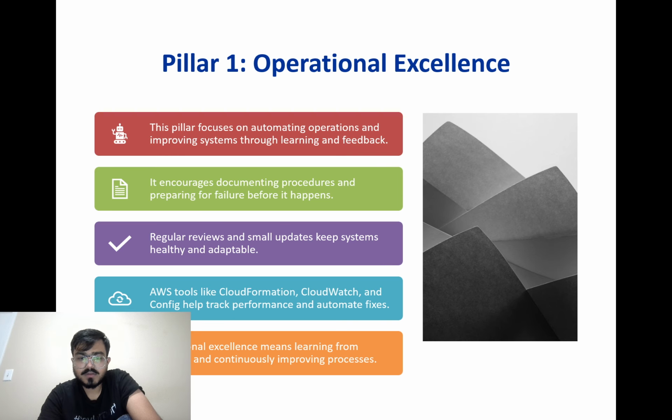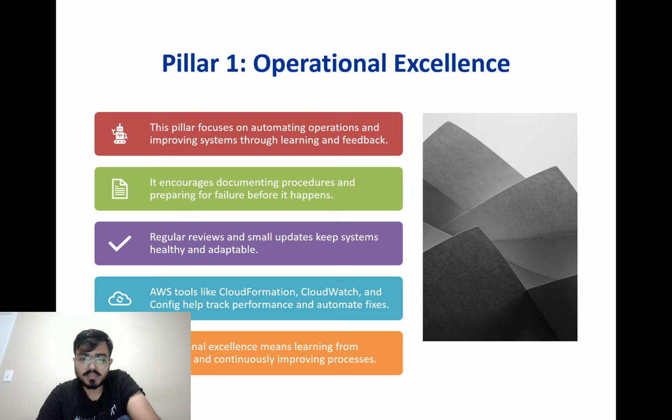So let's see pillar one, operational excellence. Operational excellence means running and improving systems smoothly over time. This pillar focuses on automating processes, monitoring system performance, and continuously learning from mistakes. It's about being proactive, not waiting for problems, but preparing for them.